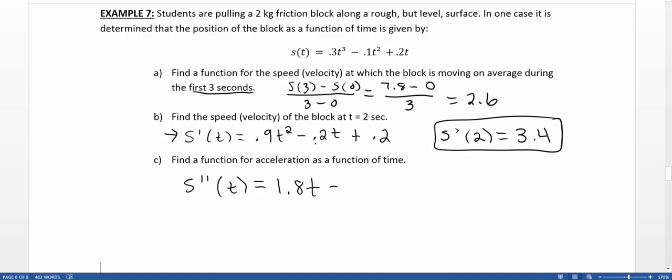Now here we have minus 0.2 t, so the derivative is minus 0.2, and the derivative of the 0.2 that's by itself is just 0 because that's a constant. So now we have a function for the acceleration. Having this is very powerful because we could compute the velocity at any time, as well as the acceleration at any time, because now we have a way to find those formulas.